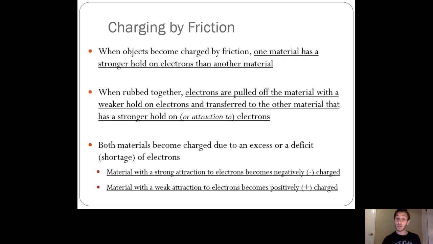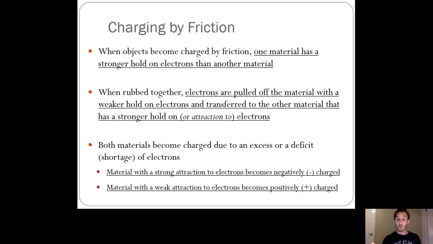And so if one material has a stronger hold on electrons than the other, okay, electrons are pulled off of the material with the weaker hold, and they're transferred to the other material that has a stronger hold on electrons, okay? When this happens, both materials become charged due to either an excess or a deficit of electrons, okay?